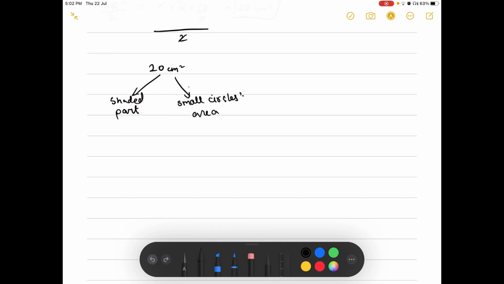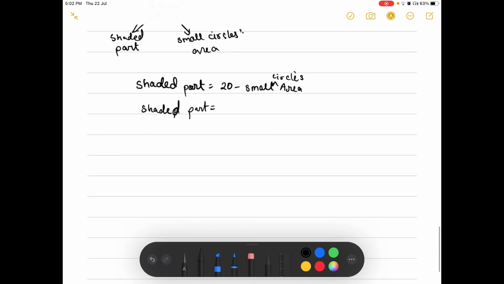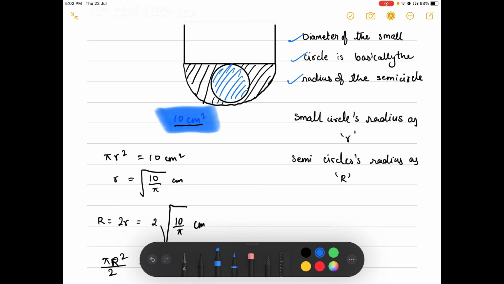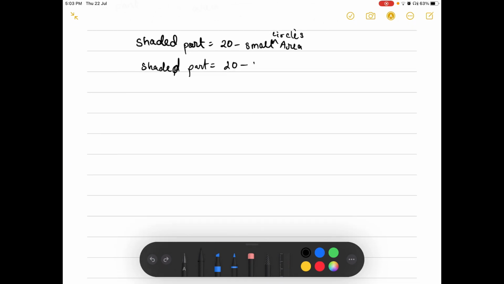So the shaded part is equal to 20 minus the small circle's area. So the shaded part is 20 minus 10, which is already given to us over here and in the question as well. 20 minus 10 equals 10 square centimeters.